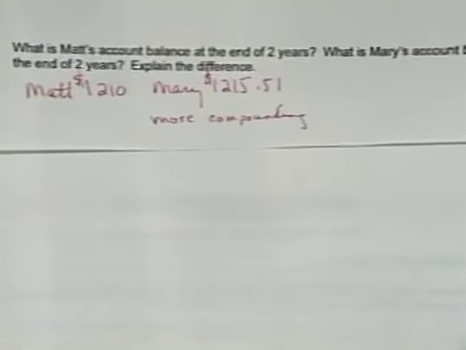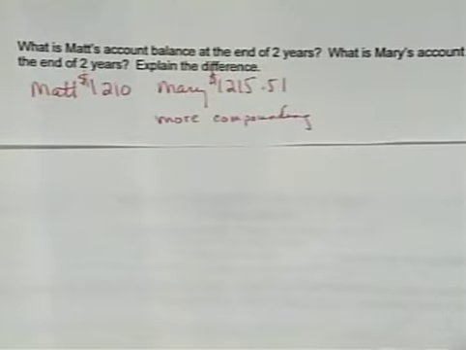What is Mary's account balance at the end of 2 years? 2 compounding periods for Matt, 4 compounding periods for Mary. Does everyone understand where we're coming up with those? Good. What is the difference? Explain it. Matt has a total of $1,210. Mary has $1,215.51. What is the difference?